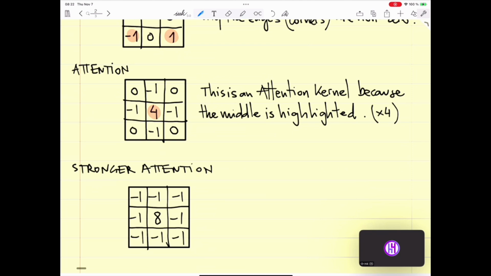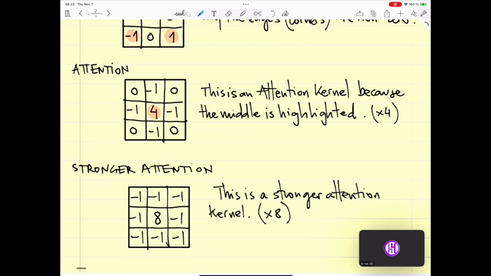So this is a stronger attention kernel because it multiplies it by 4. Okay? So these are just 3 examples. They are infinite. You can have all sorts of variations, but this is just the basic. Any questions so far?